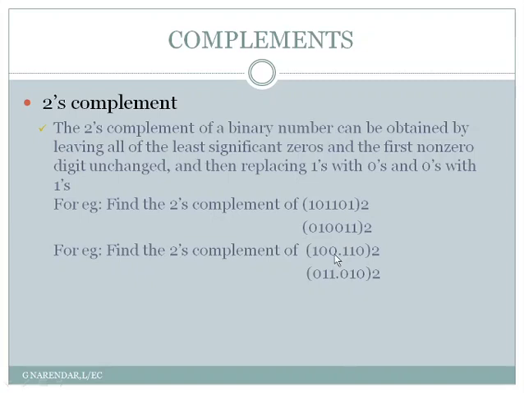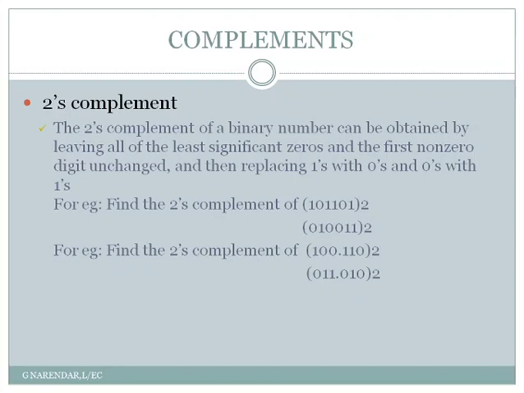If you find 0, replace it with 1. So this 0 is found, so replace it with 1. 1 is found, replace it with 0. So 011.010 is the two's complement of the given binary number 100.110.